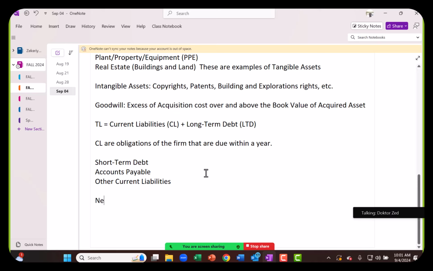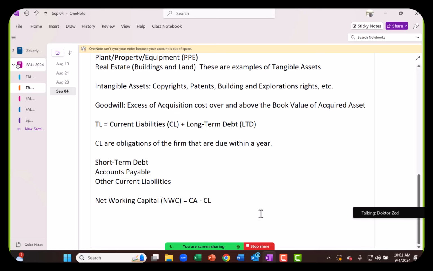And we will also define a number called net working capital, NWC for short, which is current assets minus current liabilities. You can think of that as net cash or almost cash-like stuff a company has within a year.